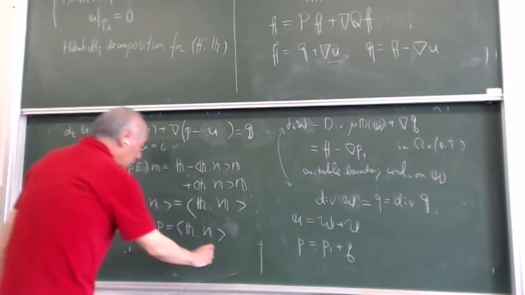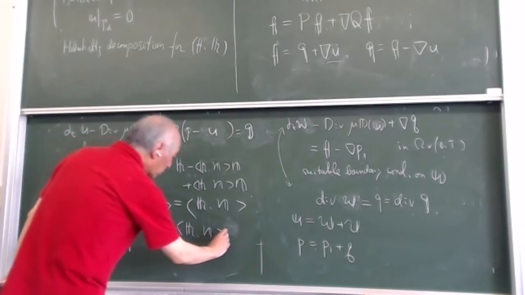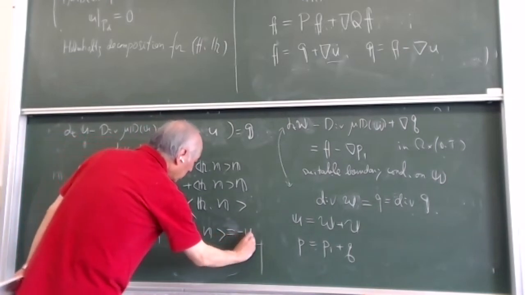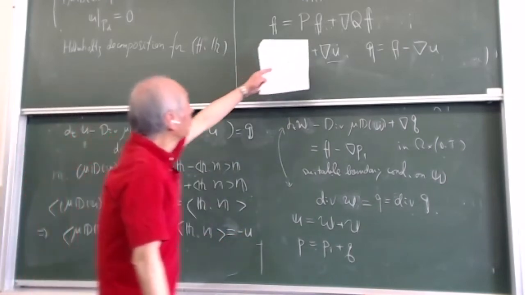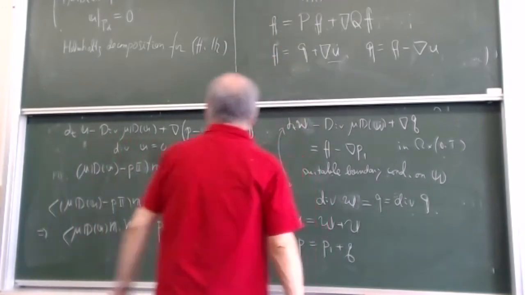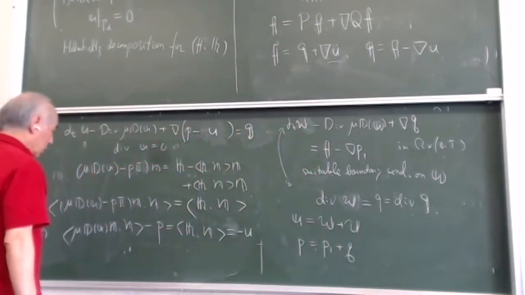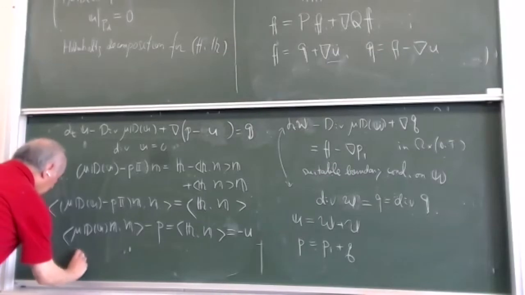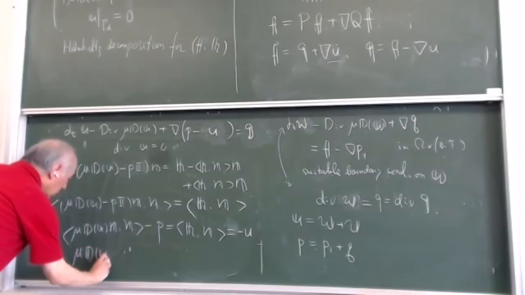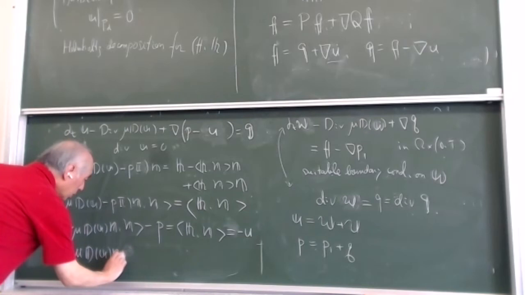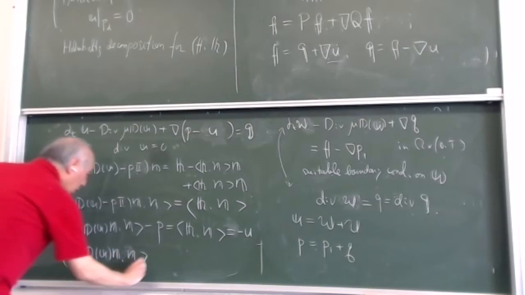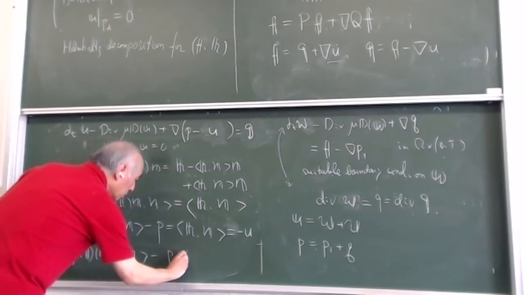And hn is minus u, the definition. So you write minus p plus u.